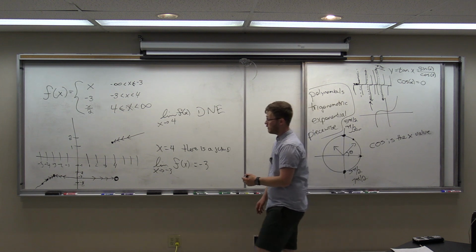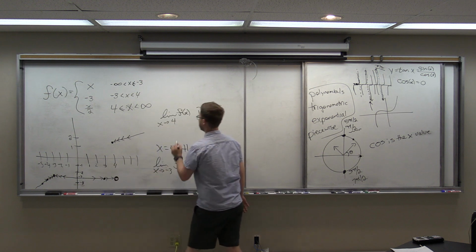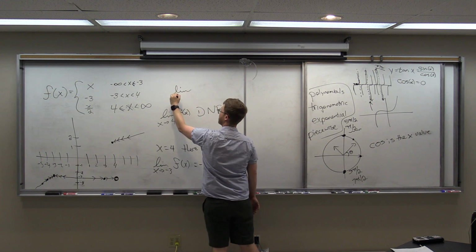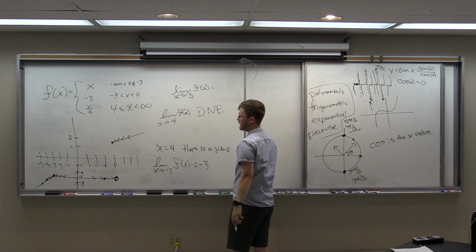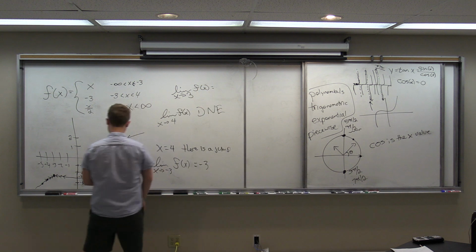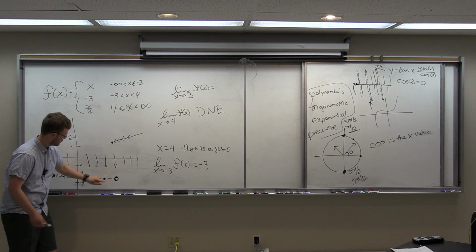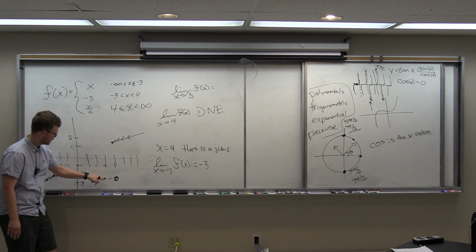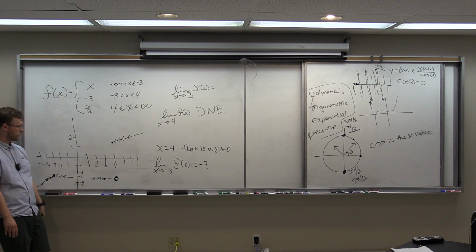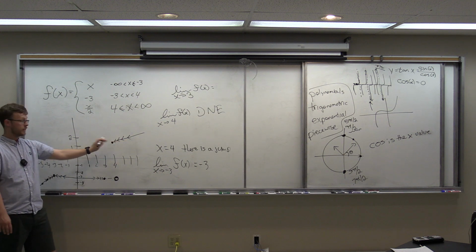Now, I will clarify, if I were instead asking about x equals 3, the limit as x approaches 3 of f of x, what is that equal to? Well, let's erase some of these lines and try again. As I approach 3 from the left, well, I'm clearly approaching negative 3. As I approach it from the right, I don't have to worry about this line anymore. That's far away.